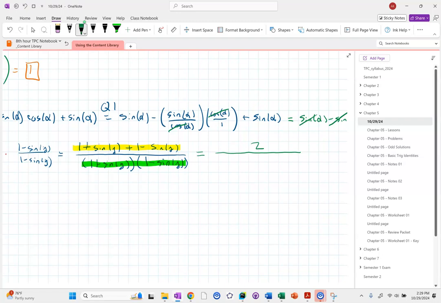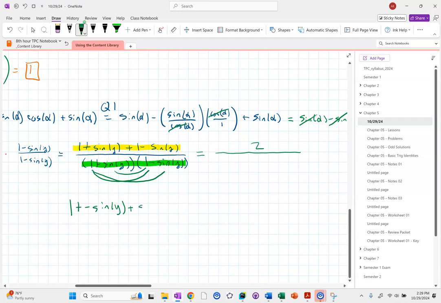Great. How do you multiply two things that are in parentheses? FOIL! Yeah, very good. So 1 times 1 is 1. 1 times negative sine y is negative sine y. Sine y times 1 is sine y.